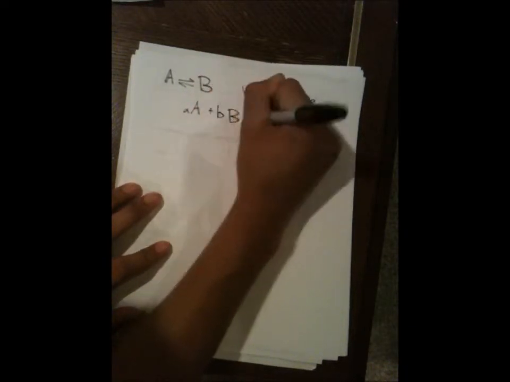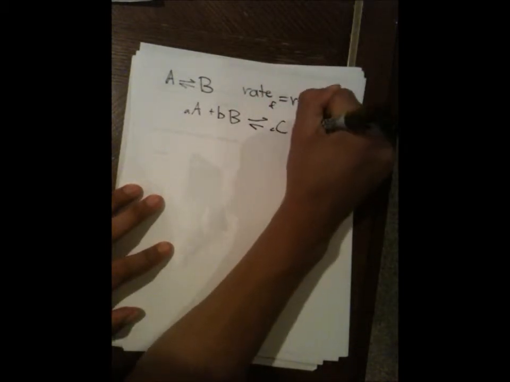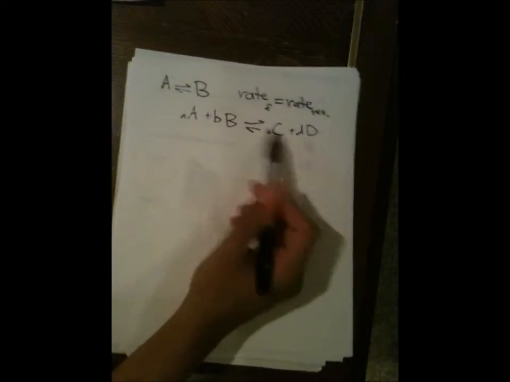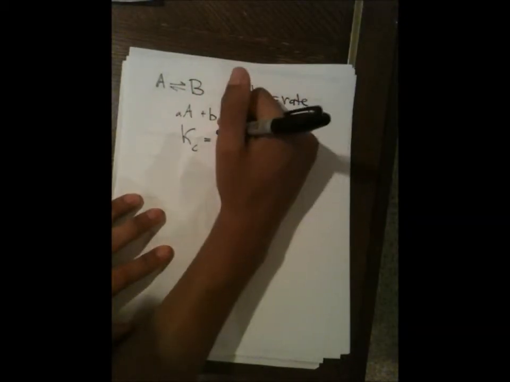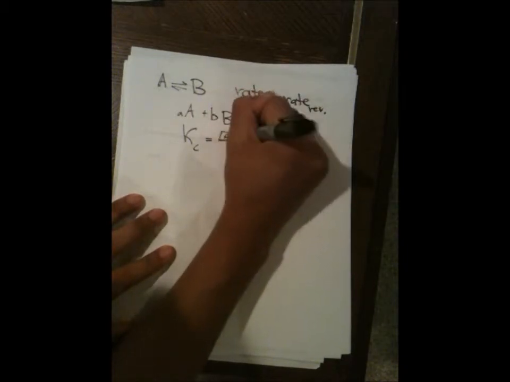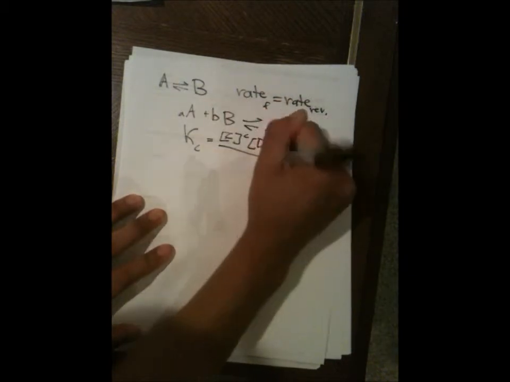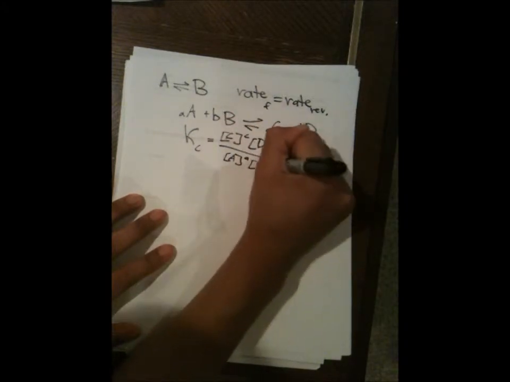This reaction can be expressed as Kc equals the concentration of C raised to its coefficient, times the concentration of D raised to its coefficient, over the concentration of A raised to its coefficient, times the concentration of B raised to its coefficient.